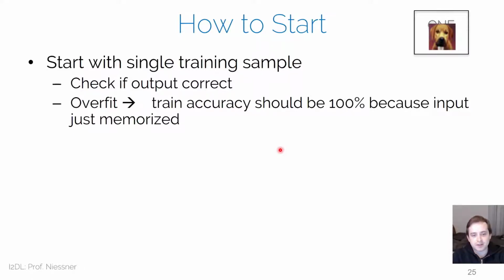Usually you also have bugs, but first you want to see that your network is implemented correctly, and as a sanity check, you just take one image or one data point. It need not be an image, but you take one data point from your data set, and you make sure that your model can overfit and get basically 100% accuracy, because a model should be able to overfit to a single data point and memorize the correct label for it.